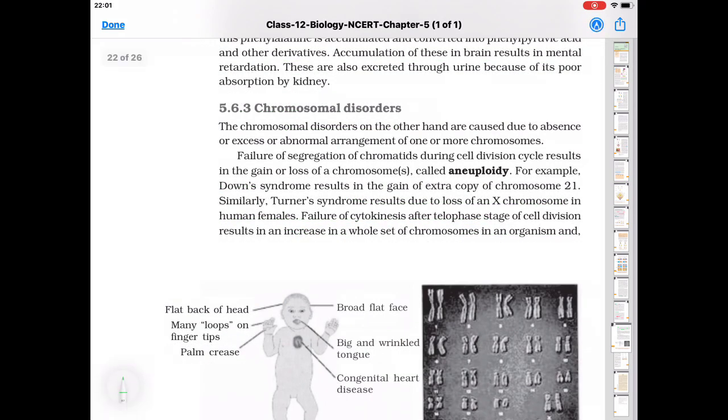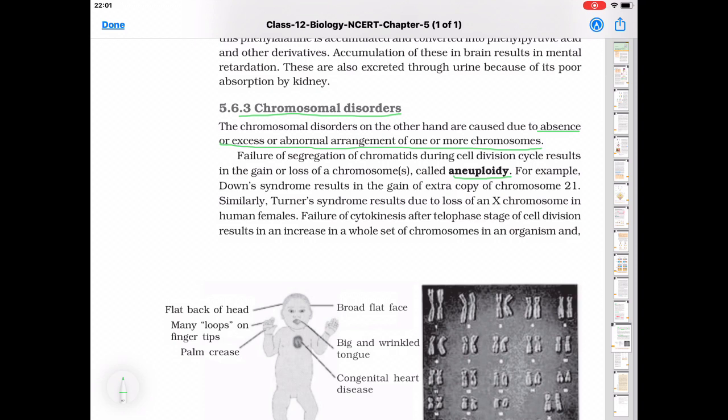Now, the chromosomal disorders. These disorders are caused due to absence or excess of one or more chromosomes. So, during cell division, the chromatids fail to segregate, which results in loss or gain of chromosomes. This condition is known as aneuploidy.